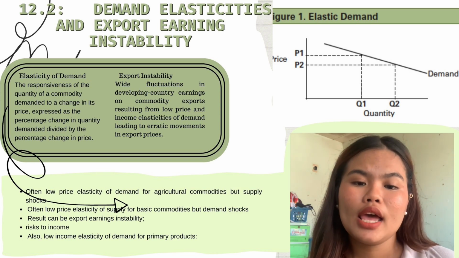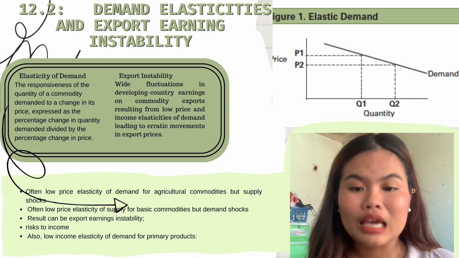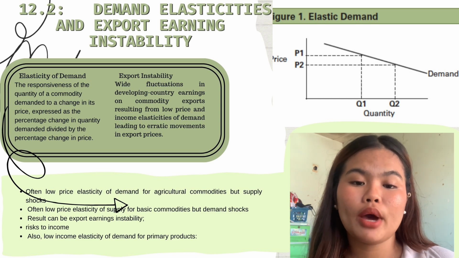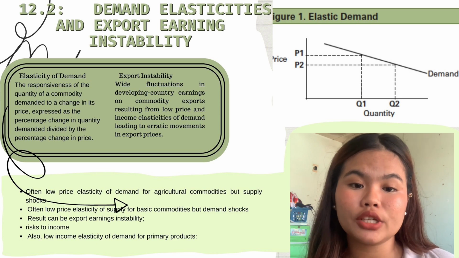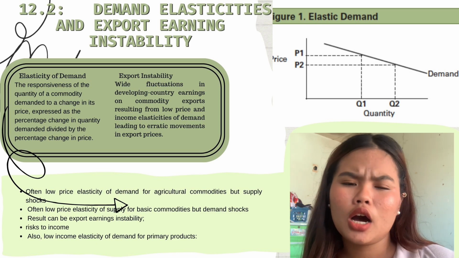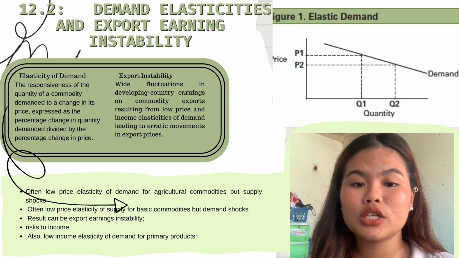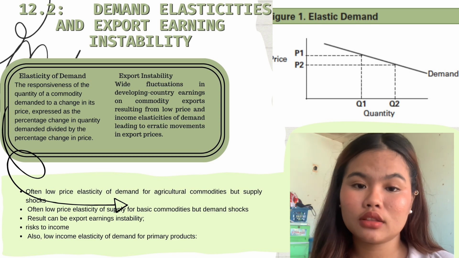For example, it has been estimated that a 1% increase in developed countries' incomes will normally raise their imports of foodstuffs by a mere 6% and of agricultural raw materials such as rubber and vegetable oils by 5%, but will raise imports of manufactures by about 1.9%.